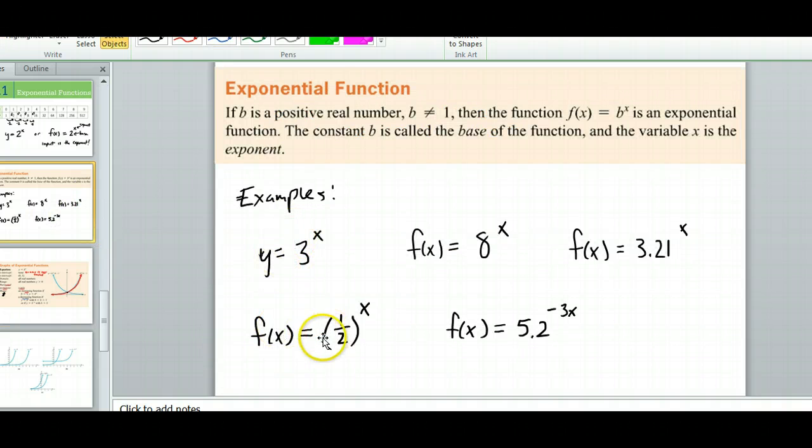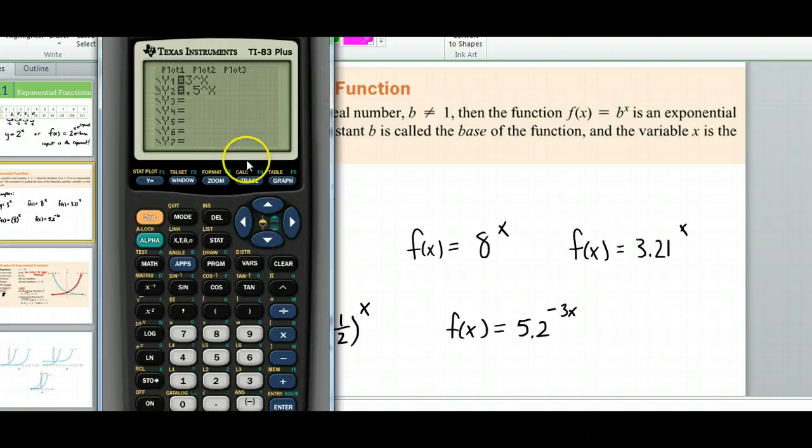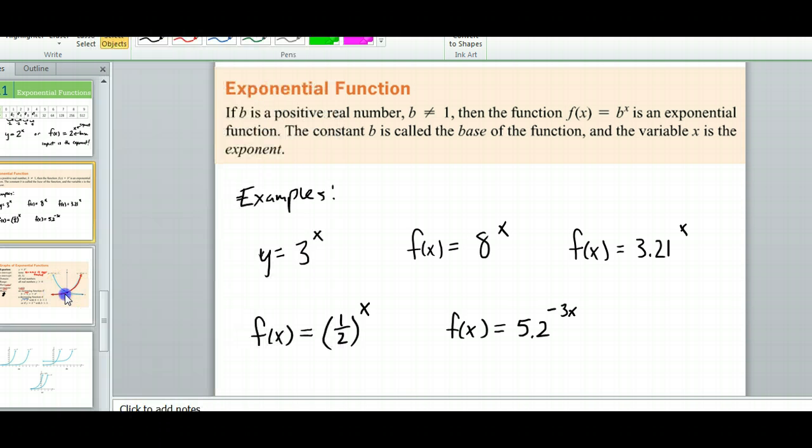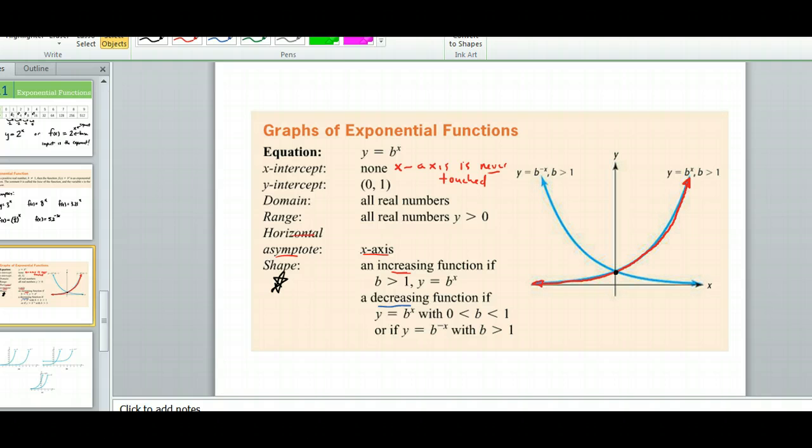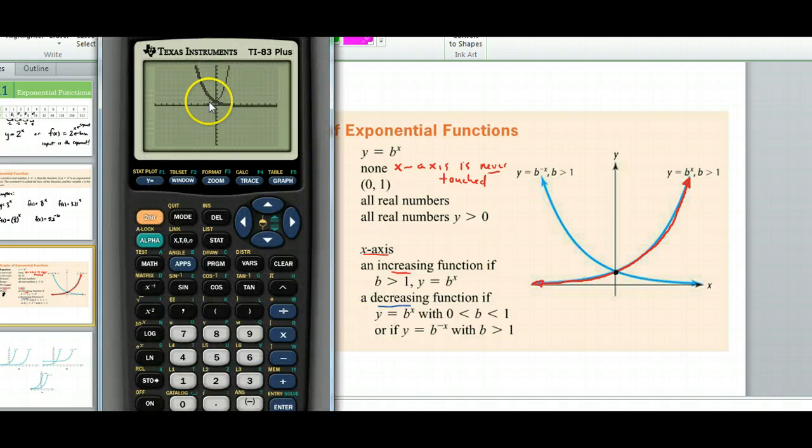When I graph these, notice I've got the second one in bold so we can distinguish who is who. There's the 3 to the x first, and then here is the 1/2 to the x. There's the 3 to the x, so that's bigger than 1, so it's going uphill. Here's the 1/2 to the x, so that's between 0 and 1, so that's going downhill.